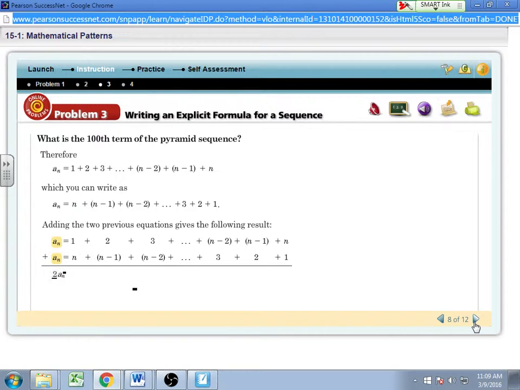Then I have 1 plus n. Okay, I get 1 plus n. Then I have 2 plus n minus 1, which gives me n plus 1. I have 3 plus n minus 2, gives me n plus 1. I have 4 plus n minus 3, and so on and so on. All of these sums come out to be n plus 1.